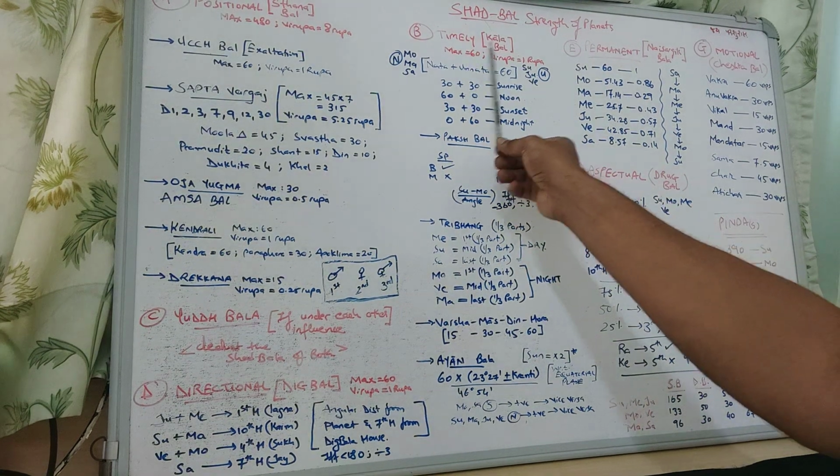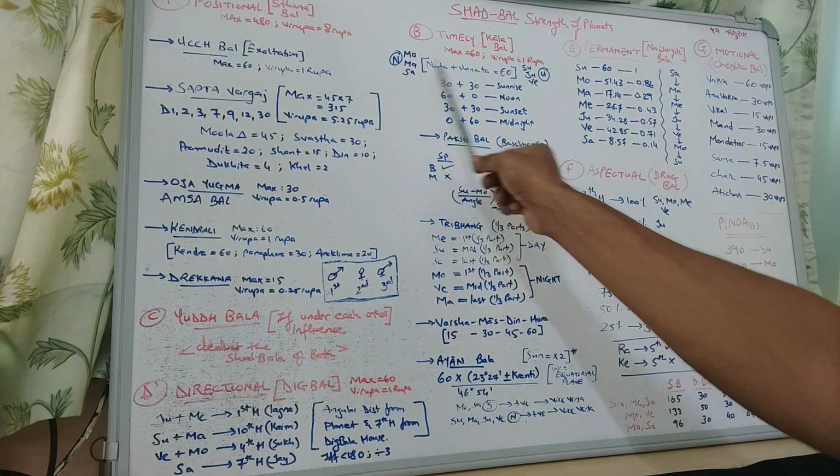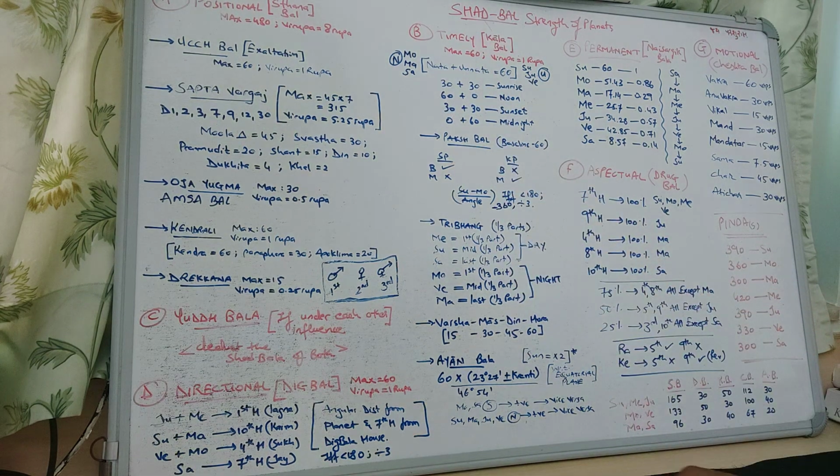The first thing, in order to understand timely strength, Kalabal, we have to understand Natonatta. What is Natonatta? Unnata: you take the difference between your birth time and midnight, and that is called Unnata. Unnat means growth, unnati.